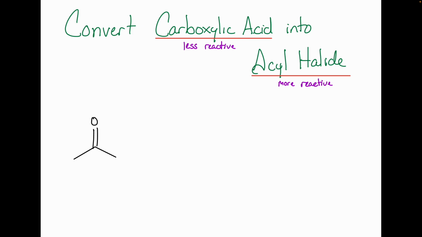Okay, so we take our carboxylic acid, and we want to make an acyl halide. Specifically, we're going to be able to make acyl chlorides.